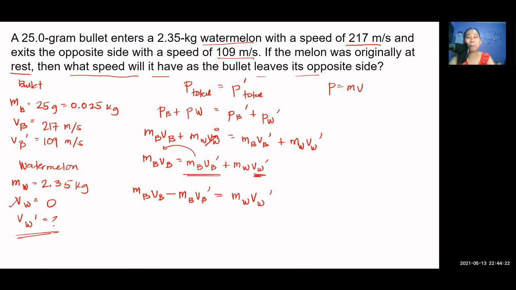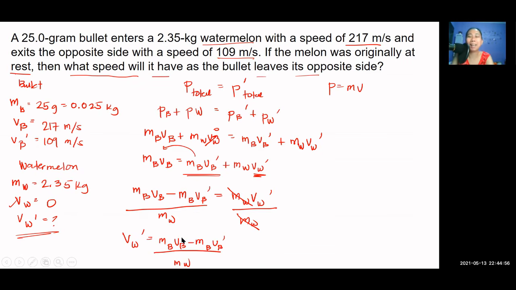Okay, so ito now is equal to mw vw prime. So from here, pwede na nating i-divide both sides of the equation by mw, para ma-cancel na yung mw doon sa ating right side of the equation. Matitira na lang doon is yung vw prime. So therefore, yung final equation natin is vw prime is just equal to mb vb minus mb vb prime over mw.